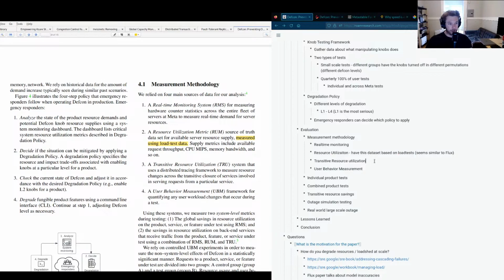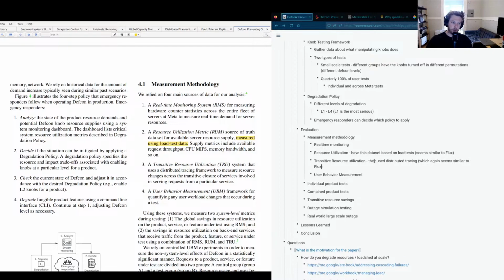Okay, so they have the transitive. They use distributed tracing, which again seems similar to Flux. And then they look to see how users behave during a test.